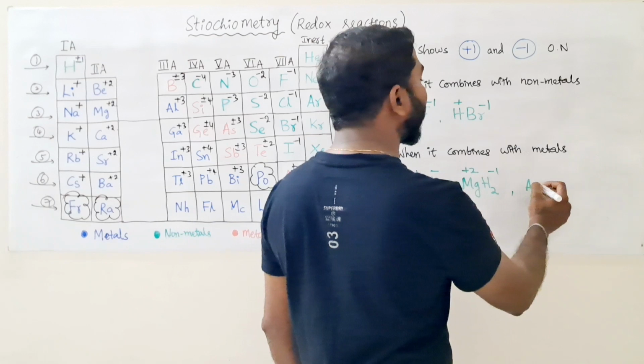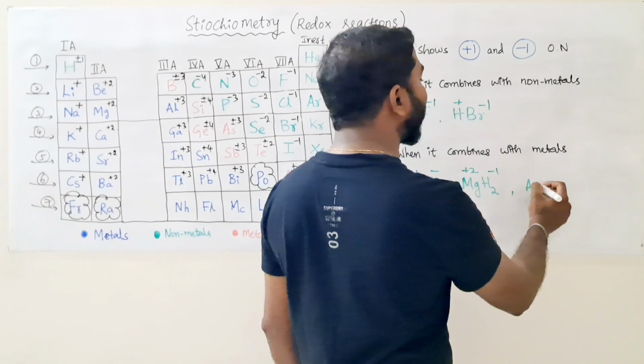In between these, other numbers are also possible. It can have +1, +2, even fractions as in hydrazoic acid, and +5 in nitric acid. So these are the possibilities.